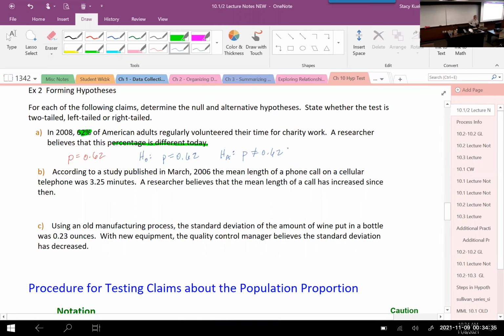Okay, so we need to decide what type of parameter I would be using here. And what is the parameter? Mean. So what variable do I give it? Mu. All right. So mu is equal to 3.25 minutes.